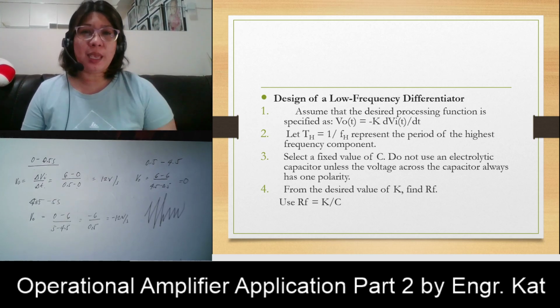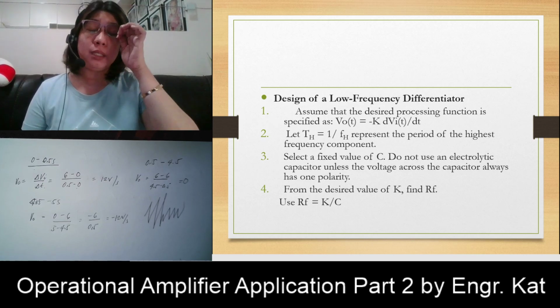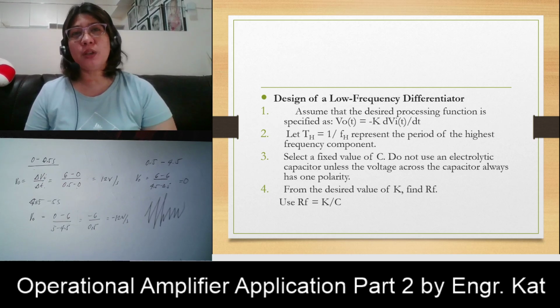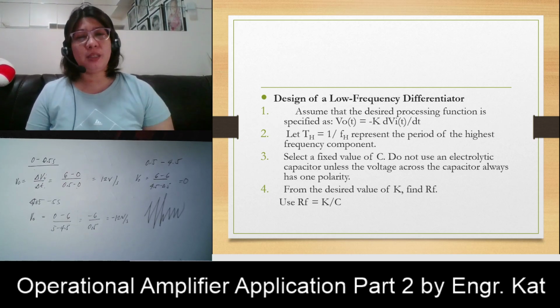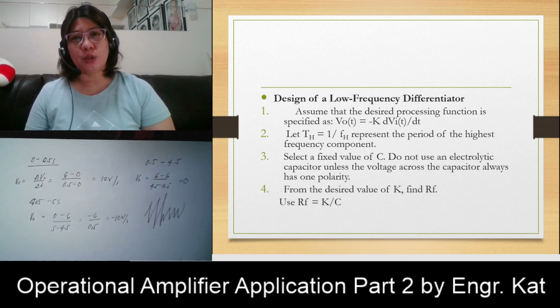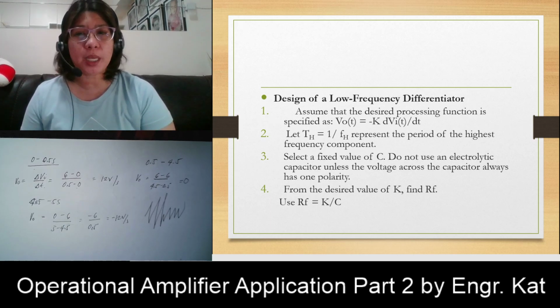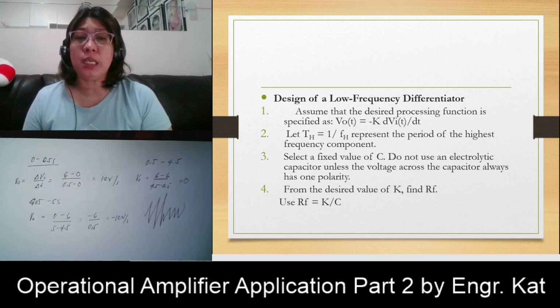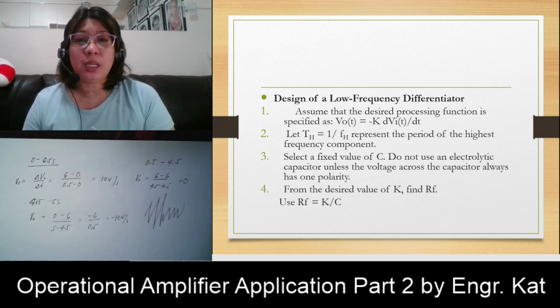So first, again, we select the value for the capacitor. For the same reason as in our integrator, because there are more available resistors compared to capacitors, we just choose the value of the capacitor. So you have to select a fixed value of C. Do not use an electrolytic capacitor.